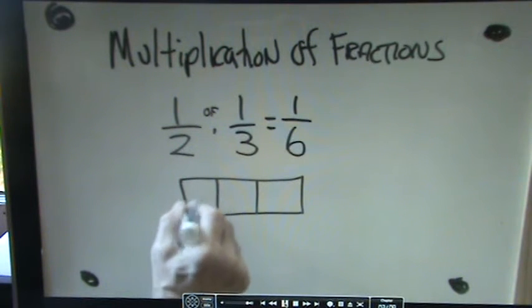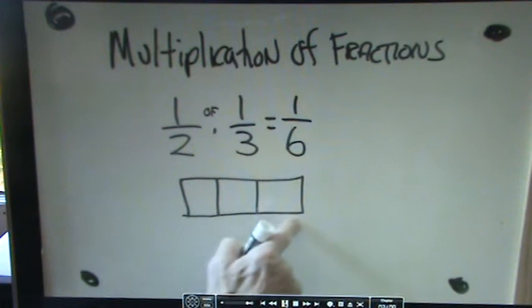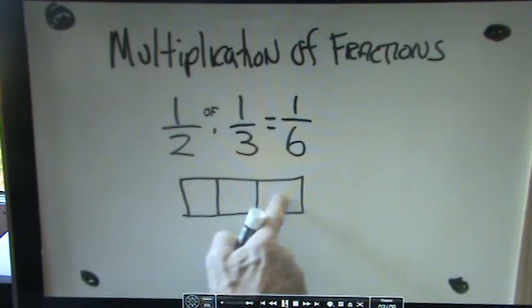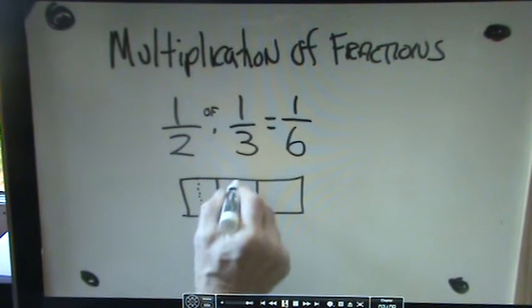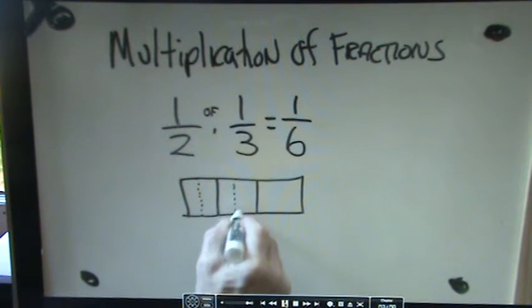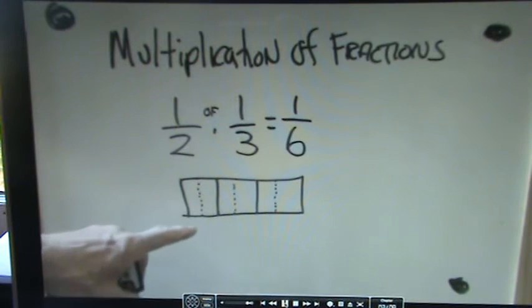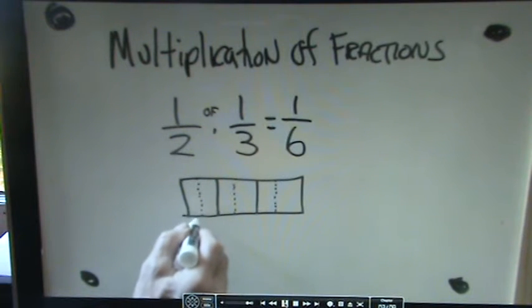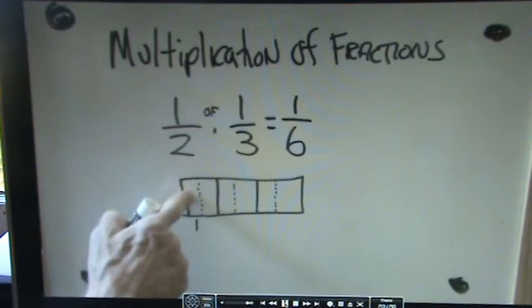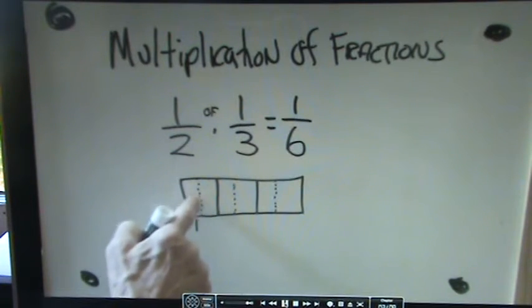Okay, each of these is 1/3. There's 3 pieces in the whole. This is 1/3, 1/3, and 1/3. And this dotted line will represent 1/2 of 1/3. So this piece right here is 1/2 of, this is 1/3 right here, and this is 1/2 of it.